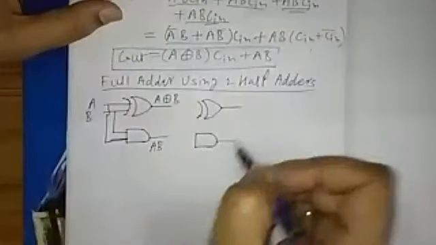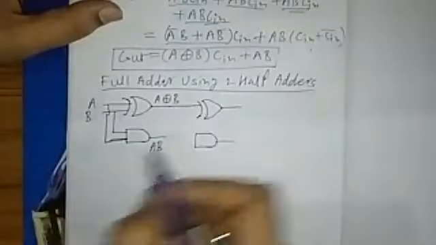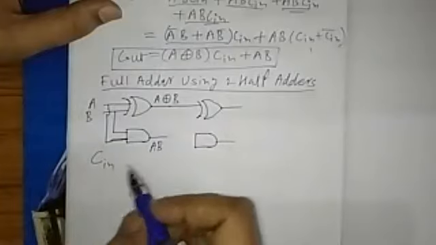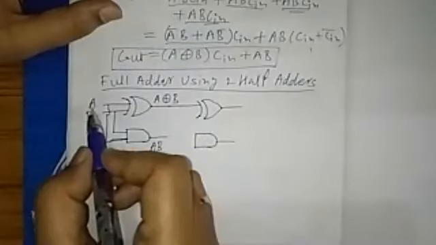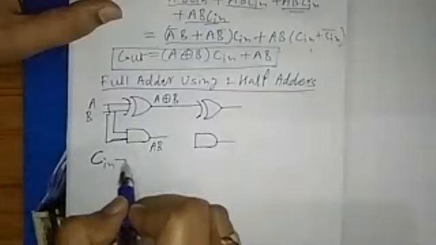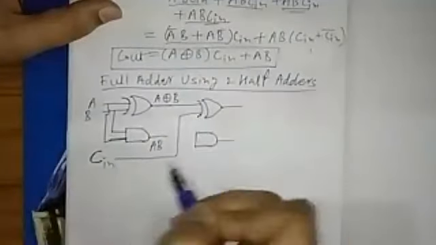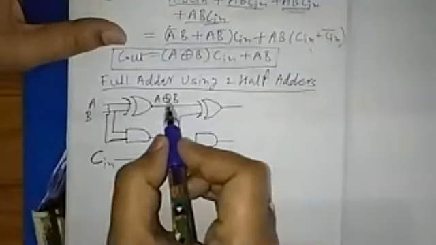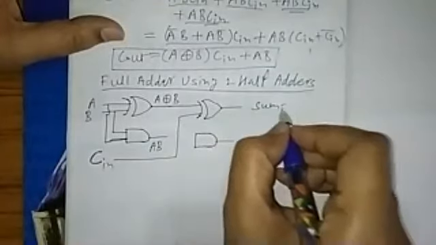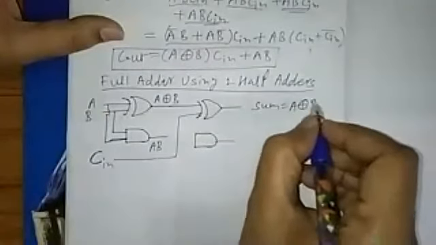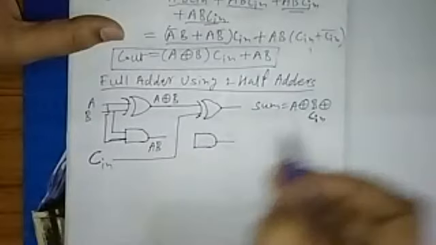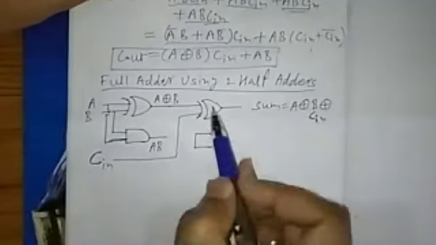Now this I connect here, and one more input is Cin. Because the full adder has three inputs, A, B, Cin, this Cin input I will connect here. Therefore A XOR B XOR Cin is the sum of the full adder. I am using two half adders, XOR and AND gate, XOR and AND gate.